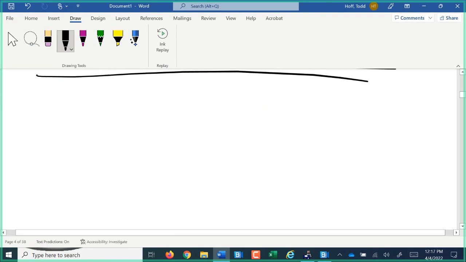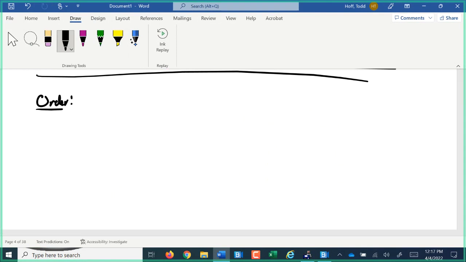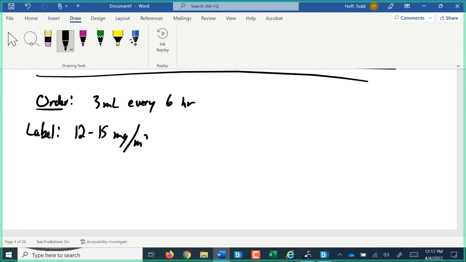Let's do one more example here before we call it. Our order is for 3 milliliters administered every 6 hours. Our label: 12 to 15 milligrams per meter squared every 8 hours.